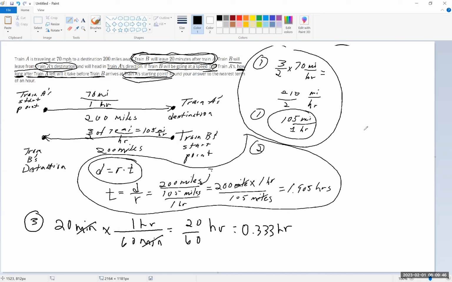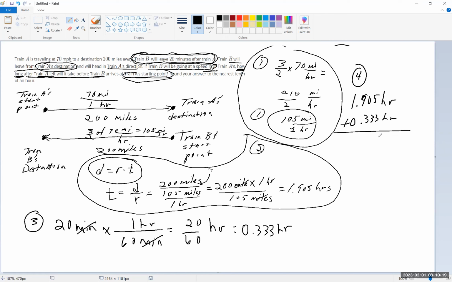Okay. And then step 4 would be to add these two. So you get 1.905 hours. That's how long it took the train to travel all the way across. But then you have to add to it what it waited, because it waited a third of an hour.